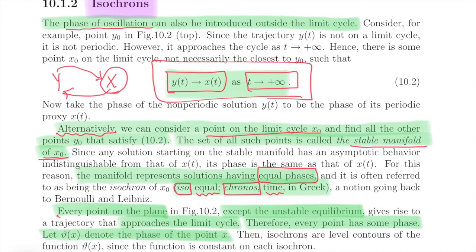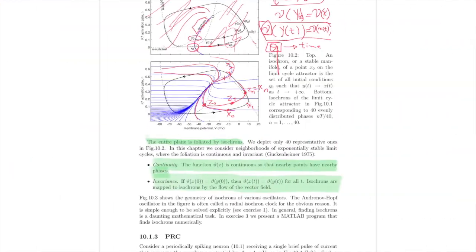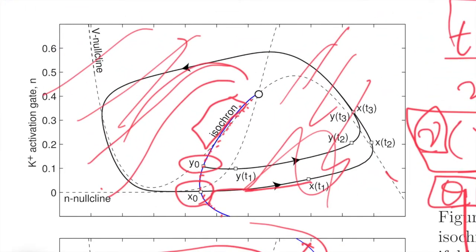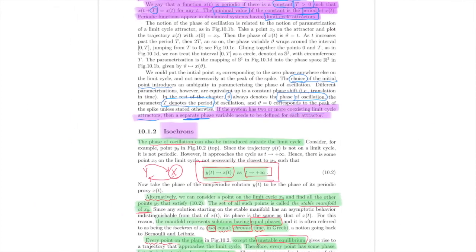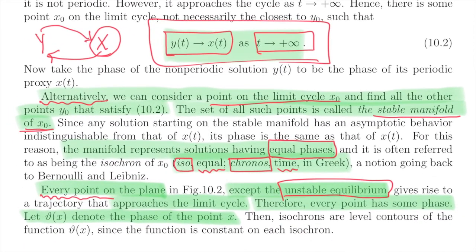Every point on the plane except the unstable equilibrium, which is this one, except this one, all of the points here are on an isochron. Except the unstable equilibrium, every point gives rise to a trajectory that approaches the limit cycle.